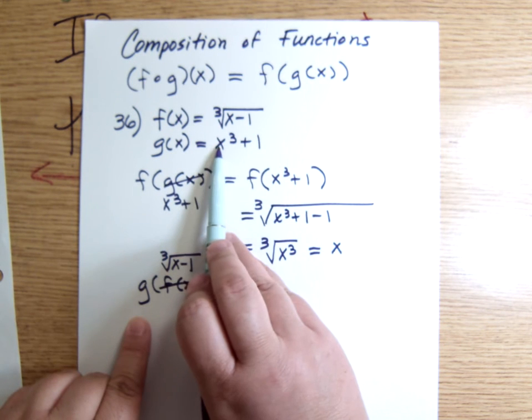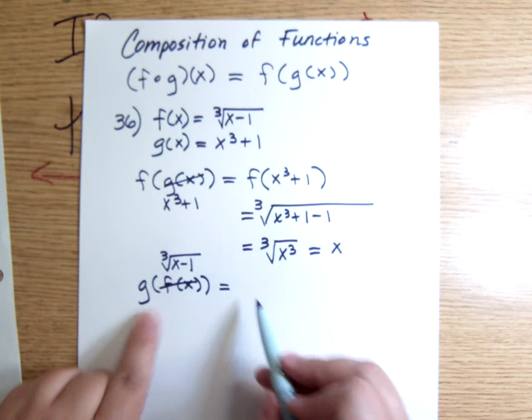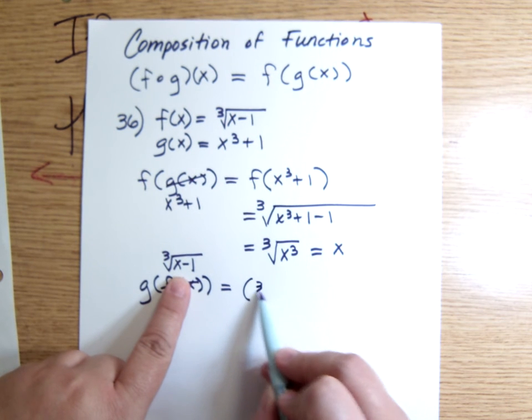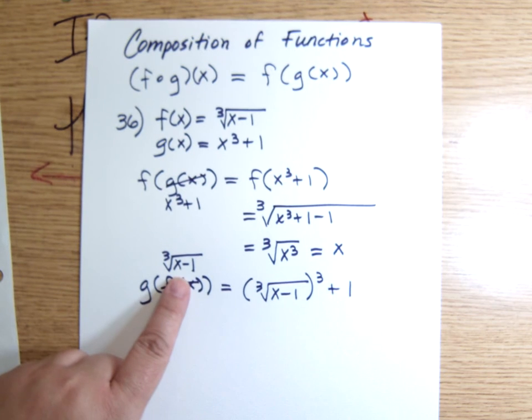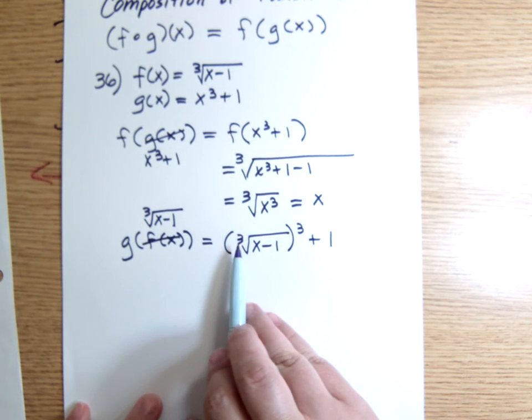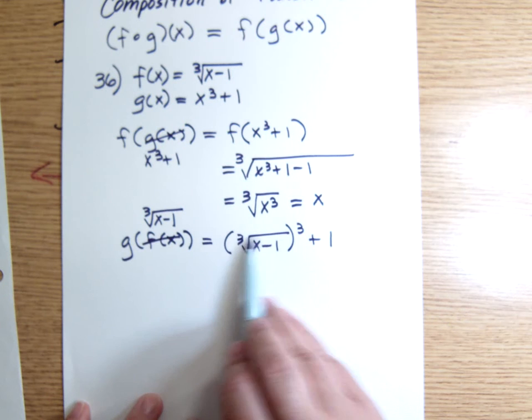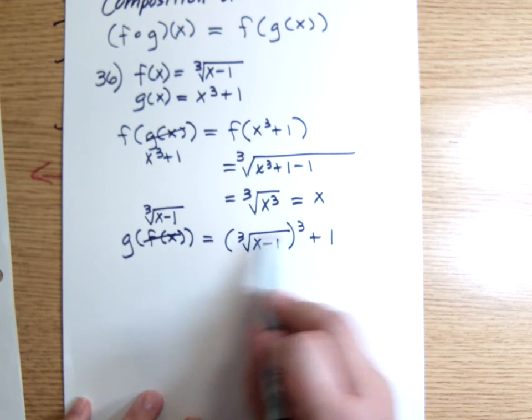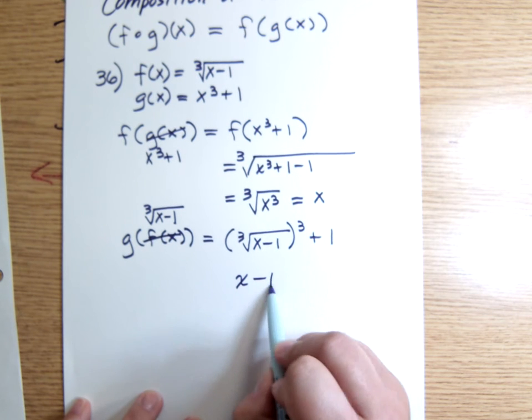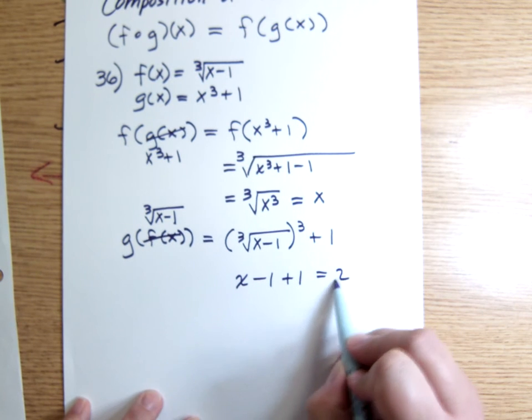So in place of x means I'm going to do something cubed plus 1. And here's the something, cube root of x minus 1, cubed plus 1. Well, if you cube a cube root, it has the effect of basically just negating the cube root, taking it away. So this whole thing just boils down to x minus 1. And then I got a plus 1, and that equals x.